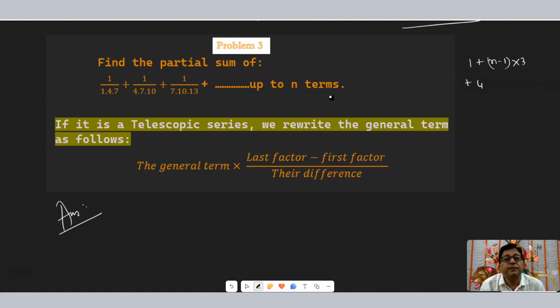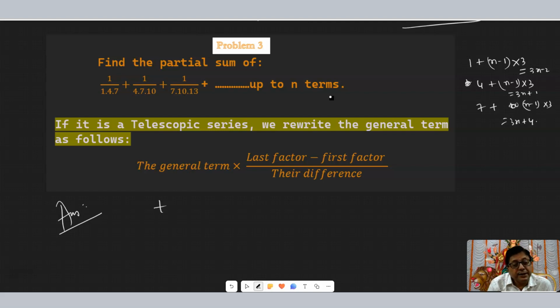Then 4 plus n minus 1 into 3 is the next one. And the next one is 7 plus n minus 1 into 3. Every time n minus 1 into 3. So this one will give us 3n minus 2. This one 3n plus 1. And this one 3n plus 4. Okay. So write the general term here.